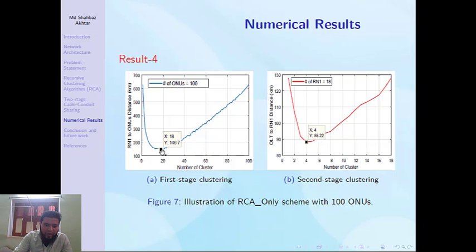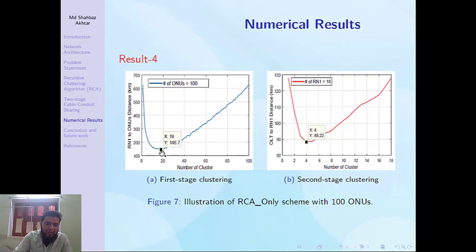After a certain point, at 18 clusters and a total distance of 146.7 kilometers, we get the least fiber distance, and then as the cluster size increases, the length of the fiber starts increasing. So for the first stage clustering, we can say that there are 18 candidate locations for placing the passive devices.